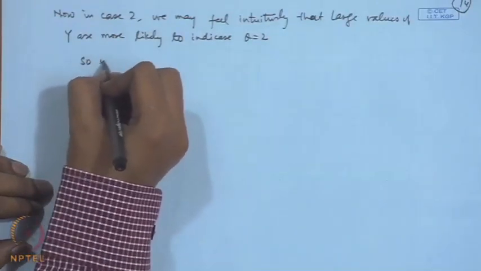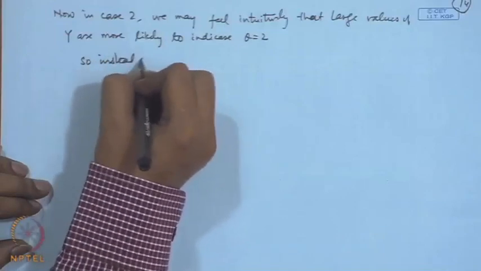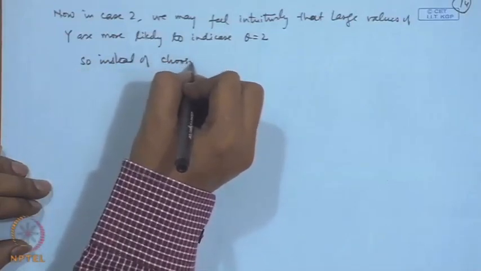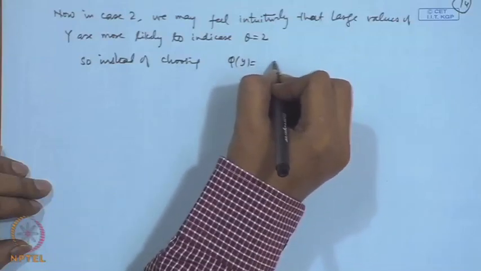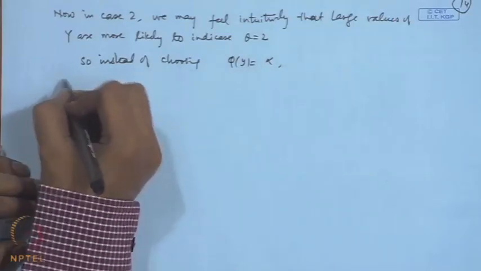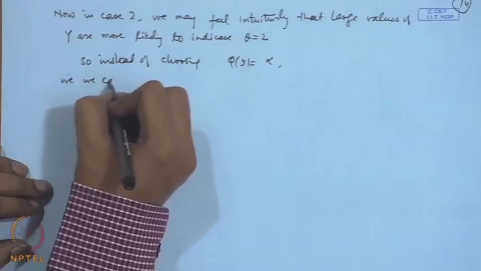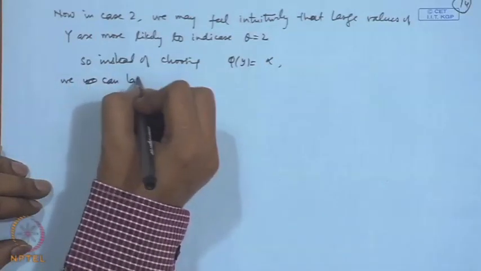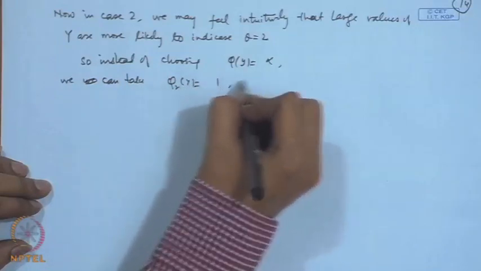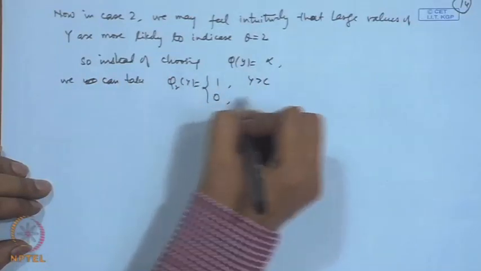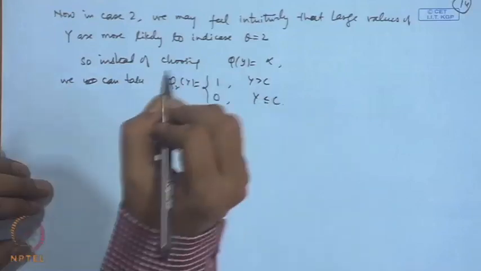So, instead of choosing phi(Y) equal to alpha, we can take, say, phi_2(Y) equal to 1 if Y is greater than c, and equal to 0 if Y is less than or equal to c.